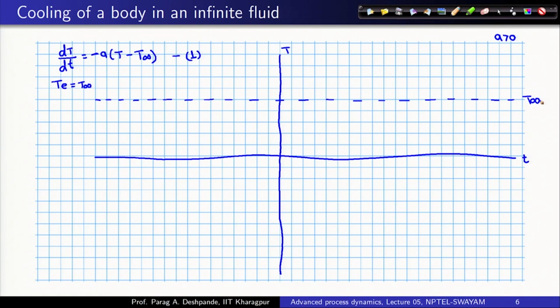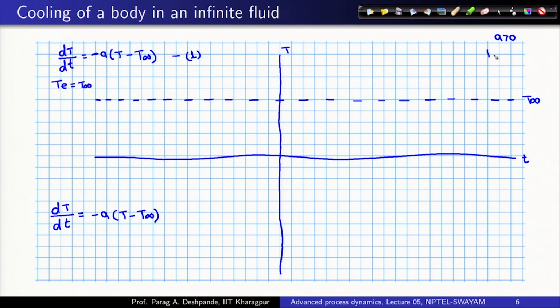Now, I can divide this plane into several regions. I have dT/dt = -a (T - T infinity), and therefore, looking at T infinity, I divide this entire plane into two regions.